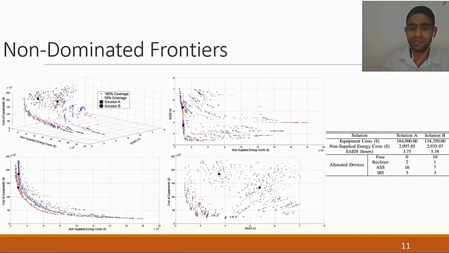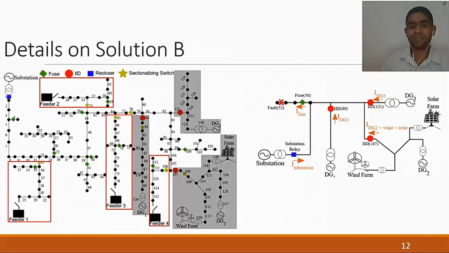So it is easier to allocate fuses in solution B. Since solution B can be more attractive to a distribution company, we provide details on solution B here.